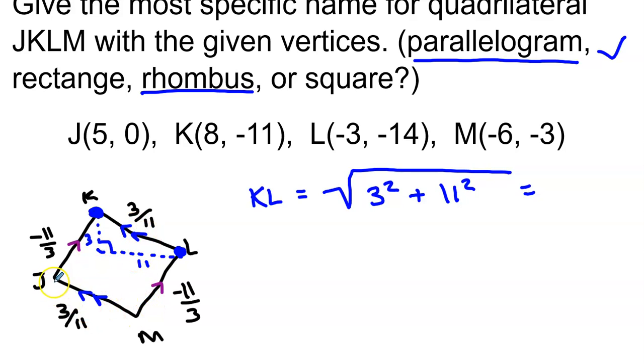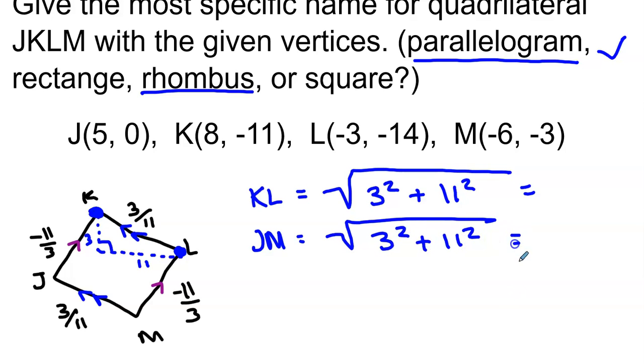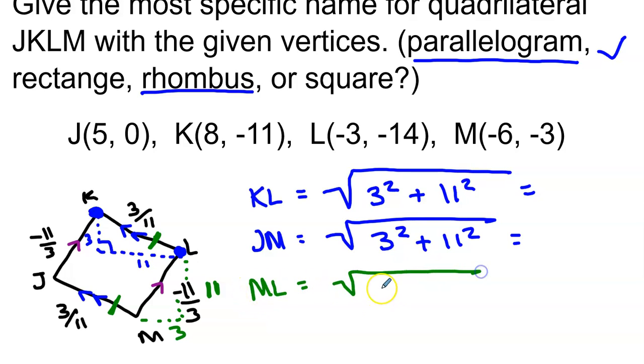So JM is going to be the exact same thing. Now we know not only are these sides parallel, these sides are congruent. We can do the exact same thing for ML and JK, and we could draw a triangle, and we would realize that we have a triangle with one side 11 and the other side 3, exactly the same as all of these other segments.